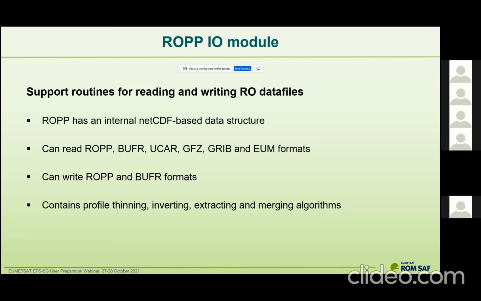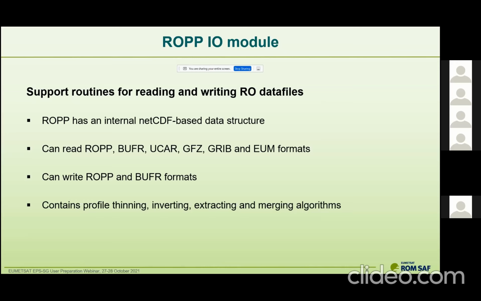GFZ manage the GRACE and TanDEM-X satellites. They have their own proprietary format, a pair of ASCII files, which we can read in. We can also be given a grid file, and extract a profile for use as a background, for example.